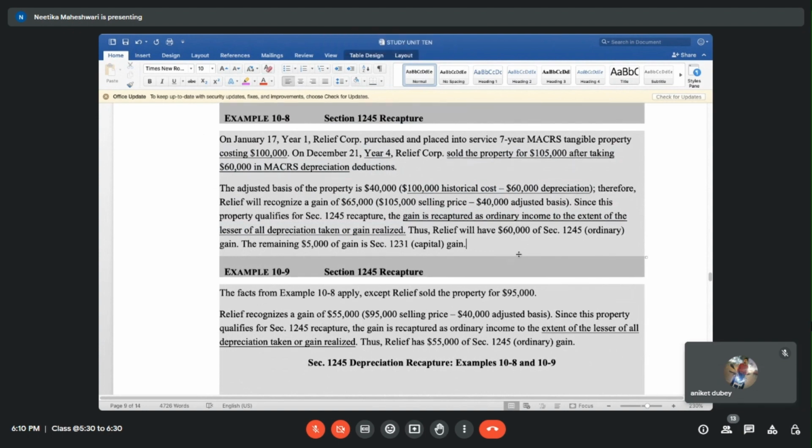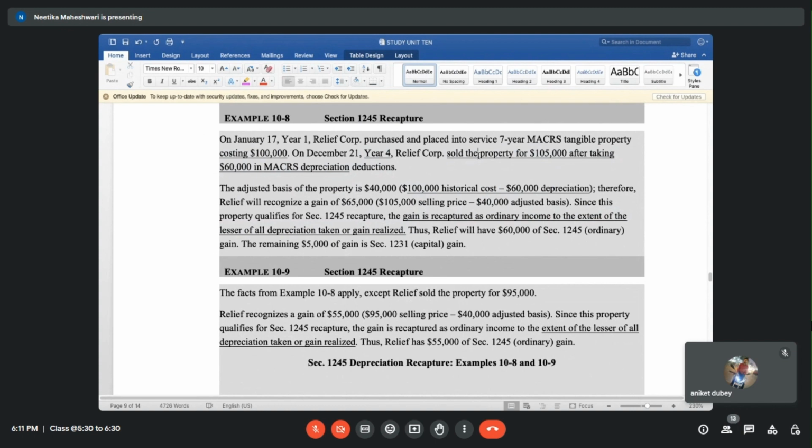Tanya. The cost of the property is 100,000. It is sold for 105,000, and the MACRS depreciation claimed is 60,000. So the adjusted basis of the property is 40,000. Based on that 40,000 cost, the actual gain comes up to 105,000 minus 40,000, that is 65,000.